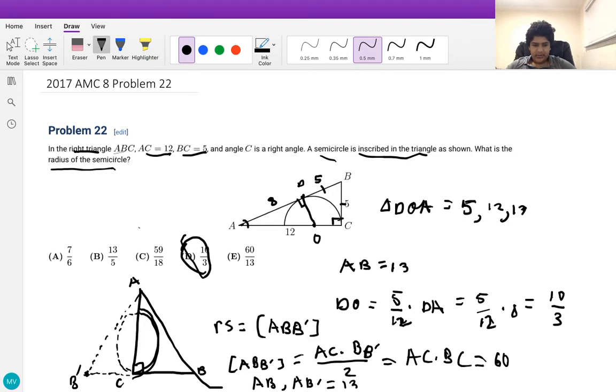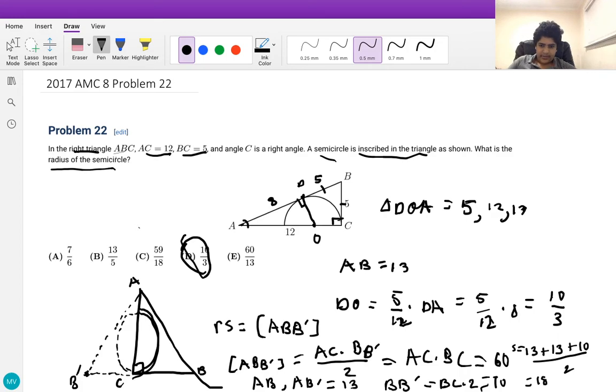Additionally, we also know that BB prime is equal to BC times 2, which is equal to 10. Thus, the semiperimeter S is equal to 13 plus 13 plus 10 all over 2, which is equal to 18.